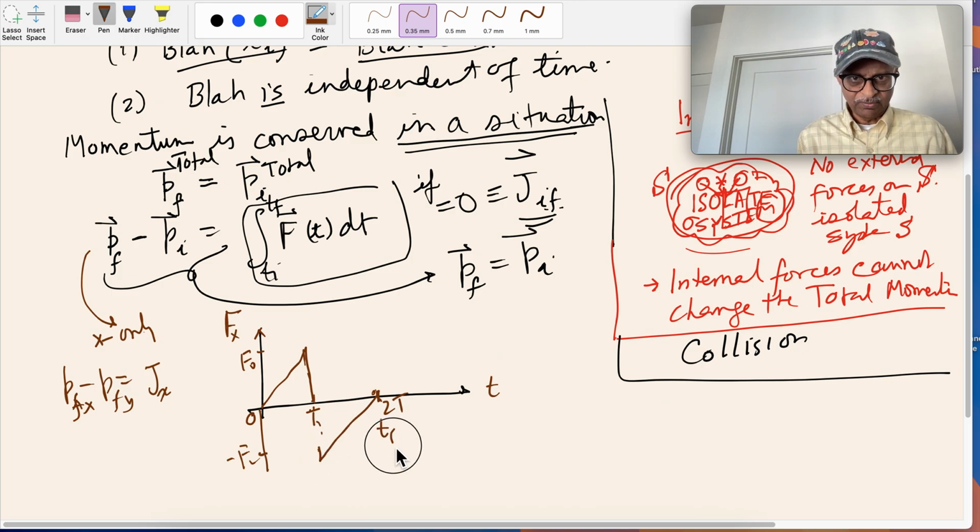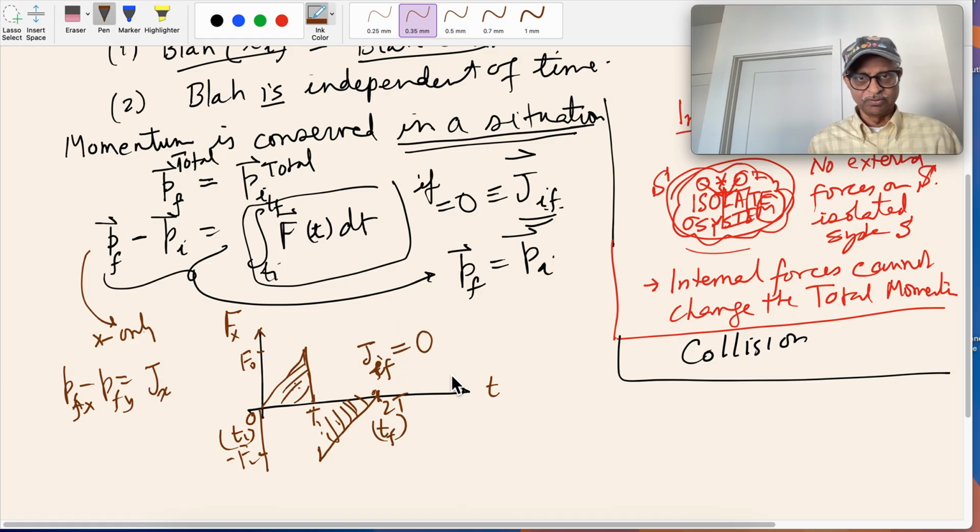So this is tf and this is ti. So this area will cancel this area, and the impulse J from i to f is going to be 0. So whatever the momentum was when we were here is the same as at this instant.